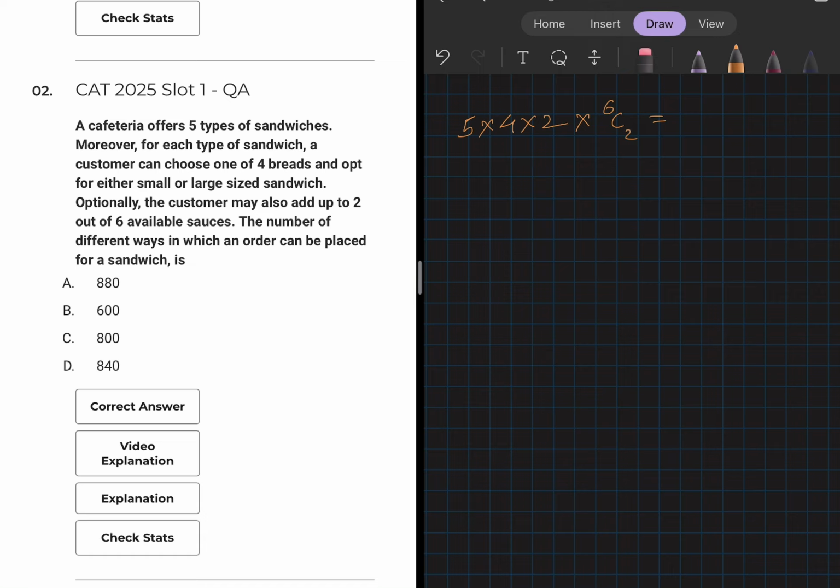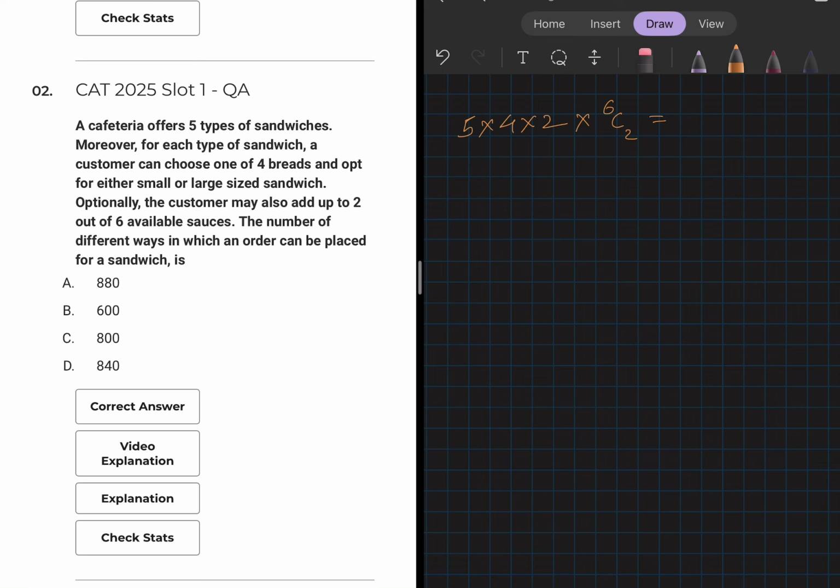Why? Because you have to pay attention to the word that they are using here. It says the customer may also add up to 2 out of 6. That means 2 is the upper limit. The customer may opt for 0 sauces out of 6, 1 sauce out of 6, or 2 sauces out of 6.